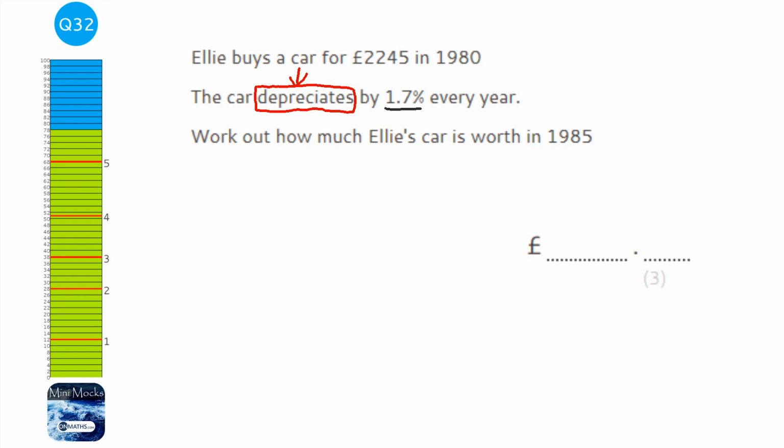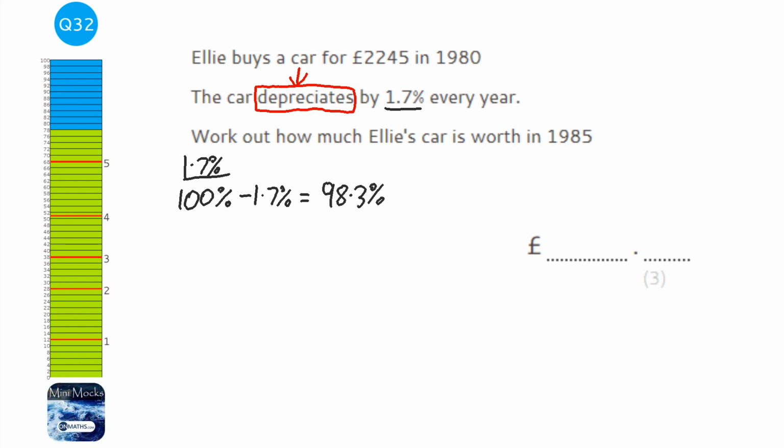So to work out a multiplier, you first of all start off with 100%. Now this time you take away 1.7%, okay, because it's going down by 1.7%. You can do that on your calculator or in your head. So 100 take away 1.7 is 98.3%.